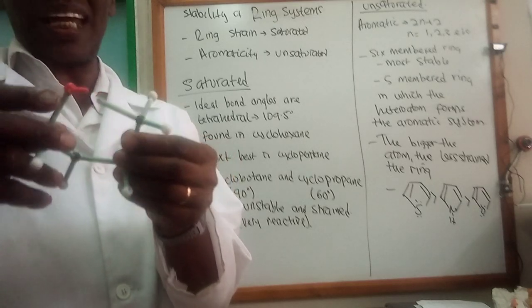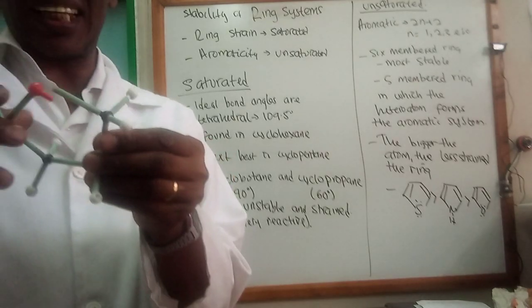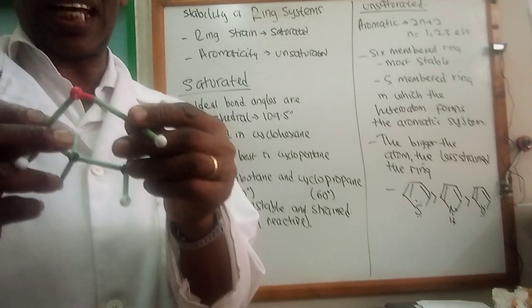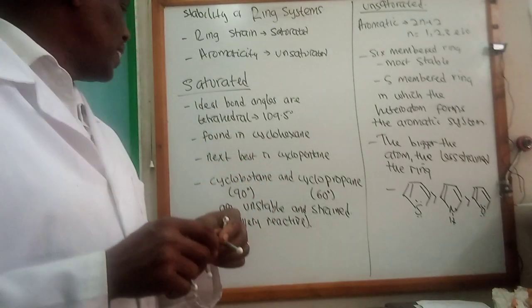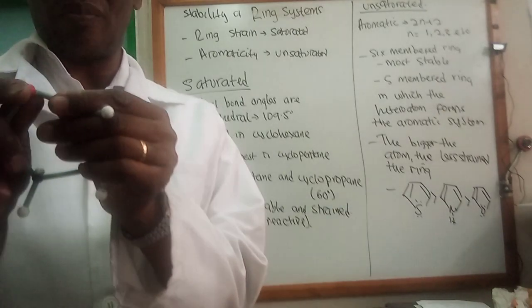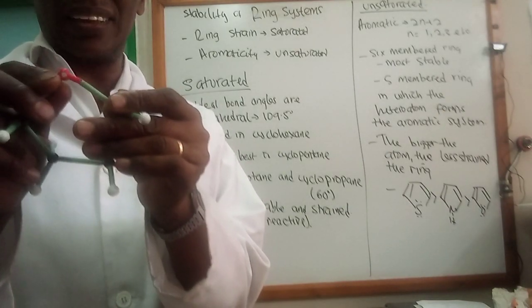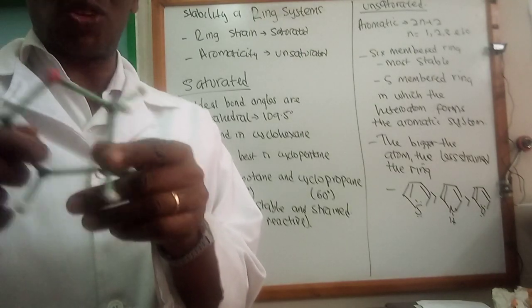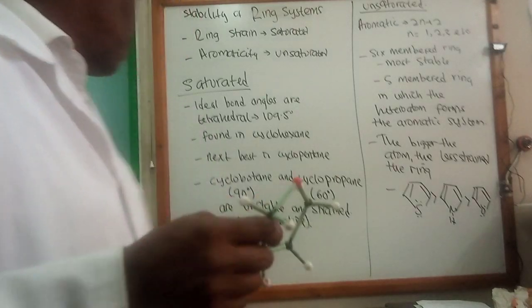I mentioned the most ideal is a six-membered ring. So in the five-membered ring, the bond angles are less than the ideal one of 109.5. But in this case, if I'm just going to form a ring system, though there is some strain, it is not much, so it is easy to form a five-membered ring.